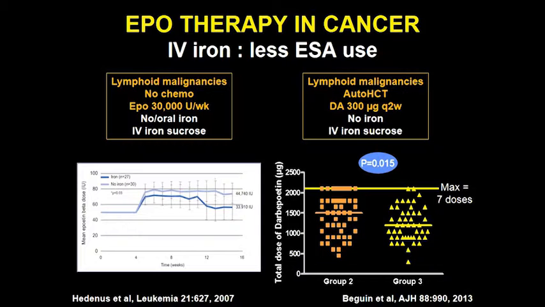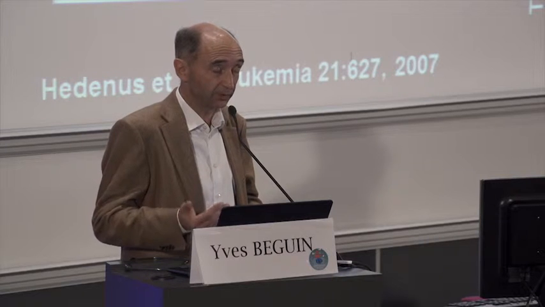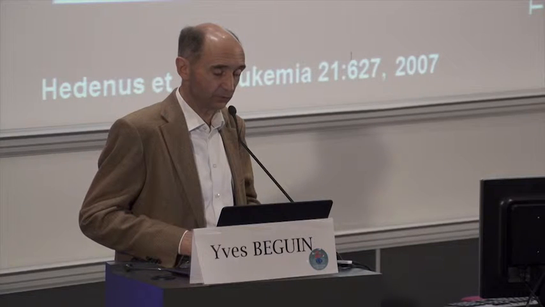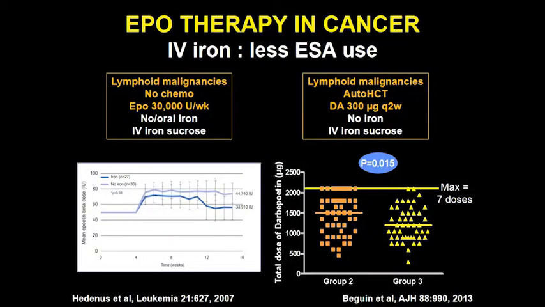The EPO dose necessary to get the response with hemoglobin rate around 12 grams, well, actually, the EPO dose can be reduced. You have patients that are randomized between IV iron and no IV iron in the other arm.